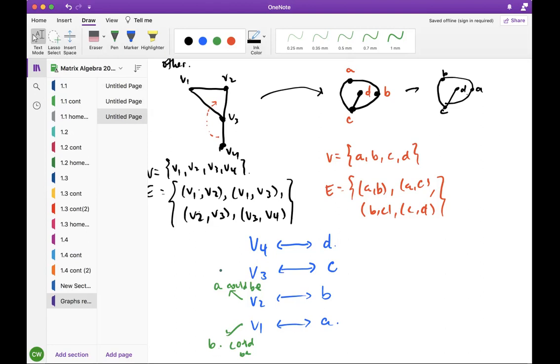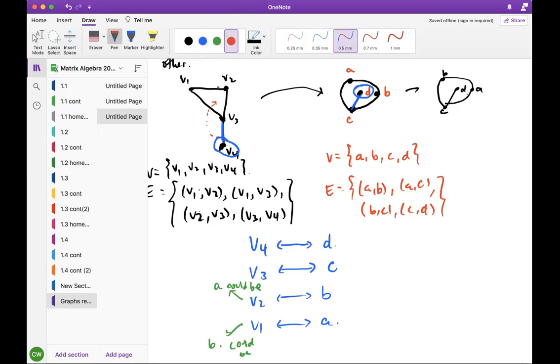So if you recall when we were discussing these identifications between vertices, one thing that we said was that there's only one vertex that's like V4, which is D. And why is that? It's because D and V4 are the only ones with only one edge adjacent to it.